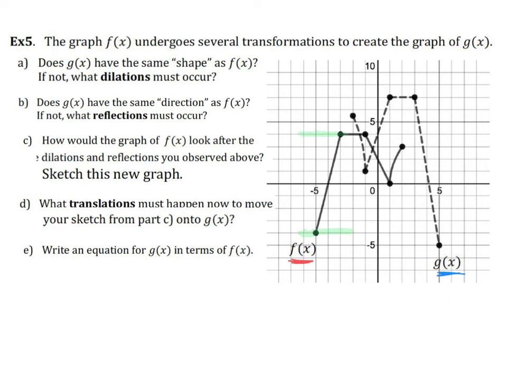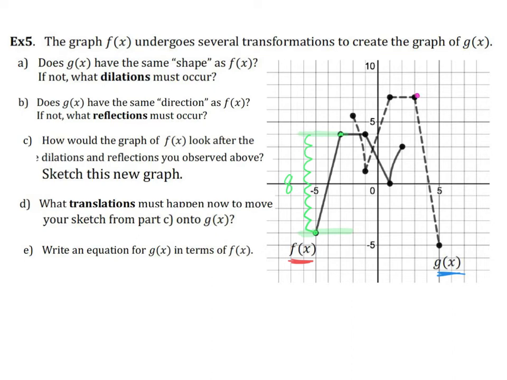I'm going to count the vertical distance between these points. The vertical distance is 1, 2, 3, 4, 5, 6, 7, 8 units. So the original distance from the maximum point of this graph to the minimum point is 8 units. Well, let's look at the new graph.